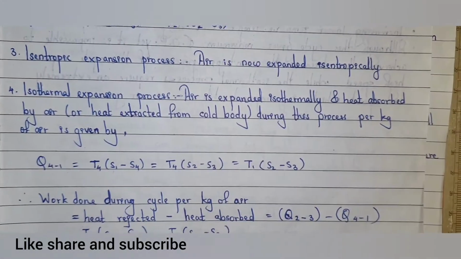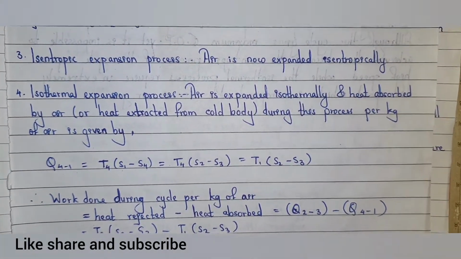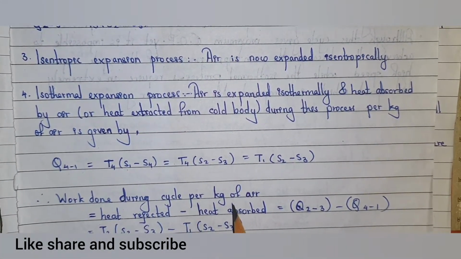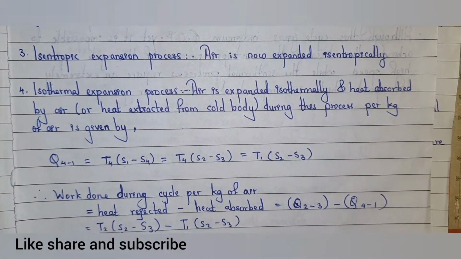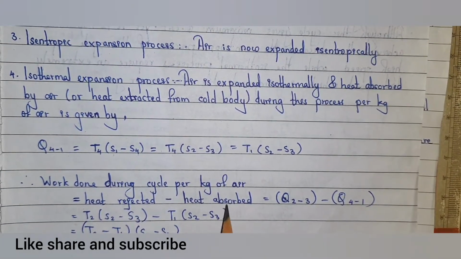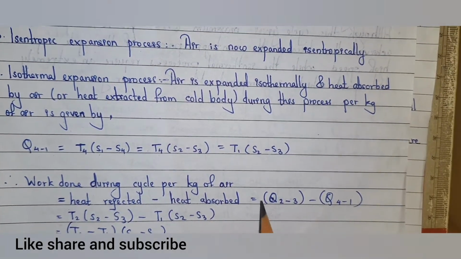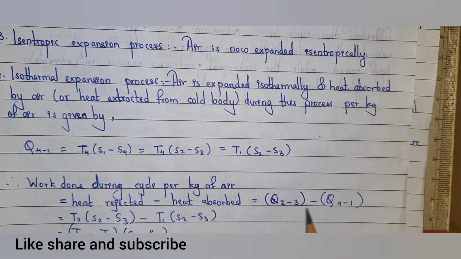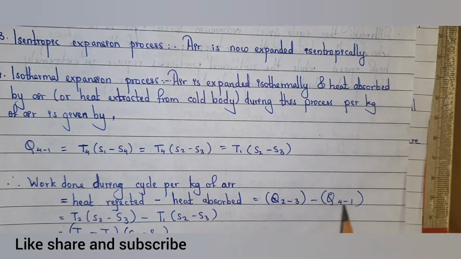Now the work done during this cycle per kg of air is given by heat rejected minus heat absorbed, that is equal to Q of 2 to 3 minus Q of 4 to 1.